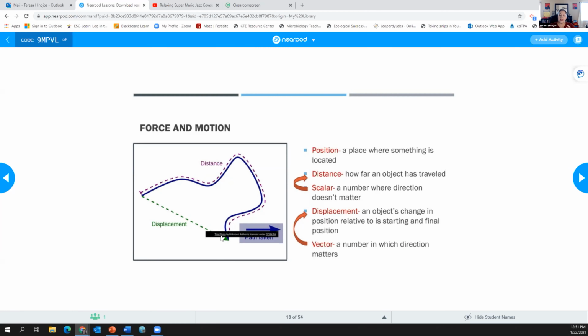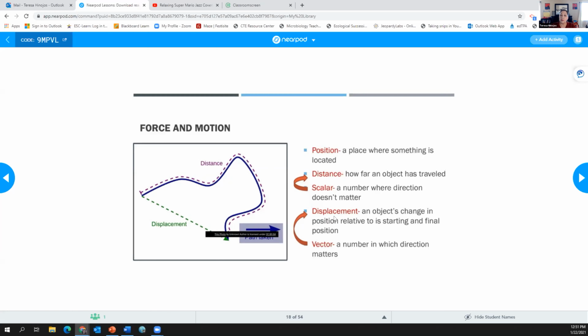And in science, they use these other terms, which are scalar and vector. A scalar has to do with any number that doesn't have a direction. So if I'm talking about distance, this didn't have anything to do with where I was going, north, south, east, or west. It was just measuring that distance.